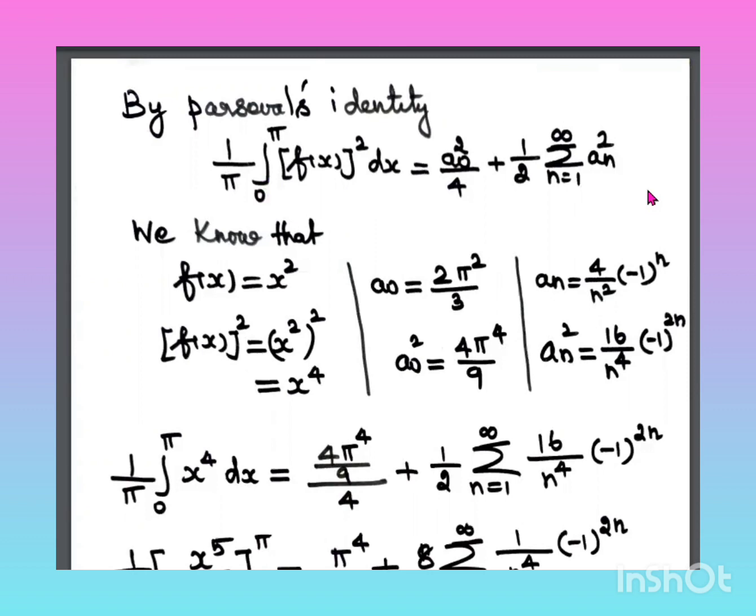This is Parseval's identity for the half-range cosine series.